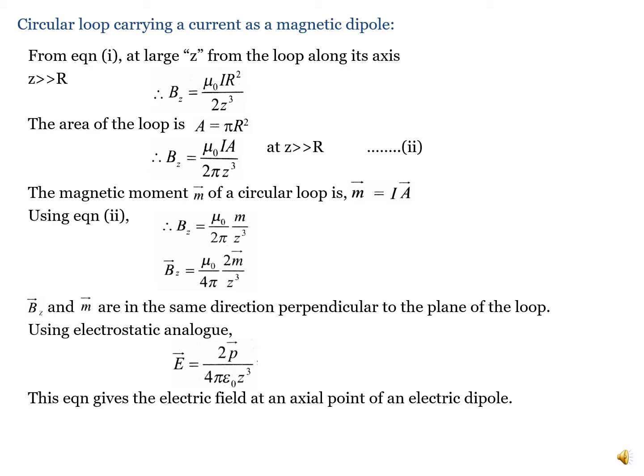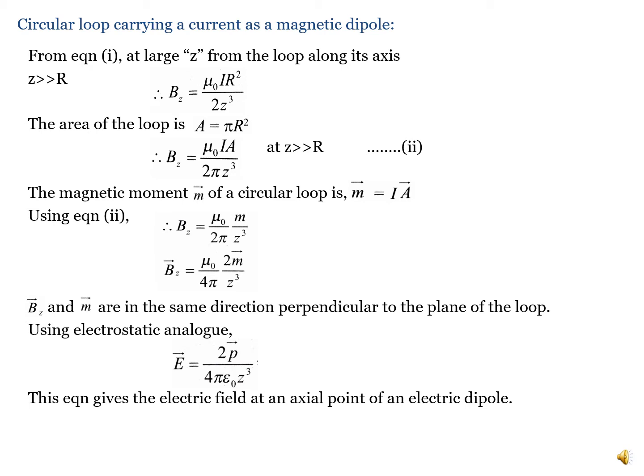At large distance z from the loop along its axis, the equation for Bz is Bz equal to mu 0 I r square upon 2z cube. We know that area of the loop is A equal to pi r square. So substituting A, Bz equal to mu 0 I A upon 2 pi z cube at z very far from r.